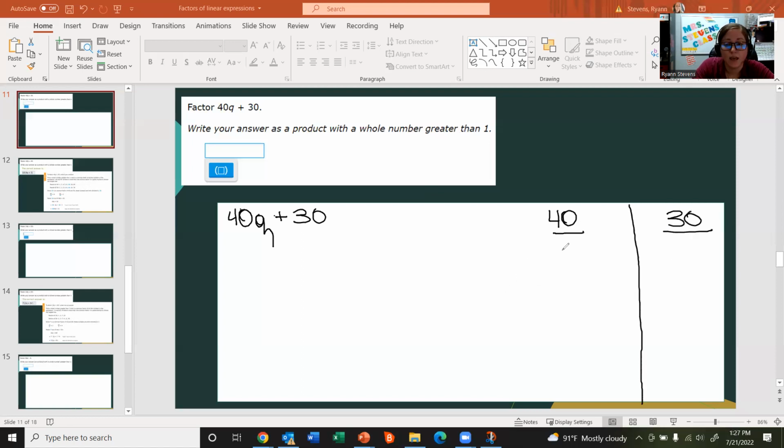I can say 1 is a factor of 40. I could divide 2 into 40, 2 times 20 gives us 40. 4 times 10. 5 times 8. 5 times 8 again. 10 times 4. 20 times 2, and then 40 times 1.